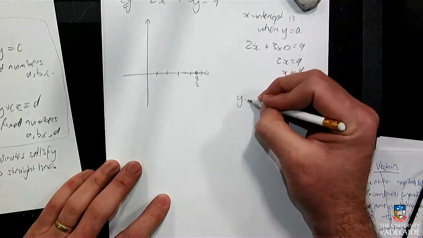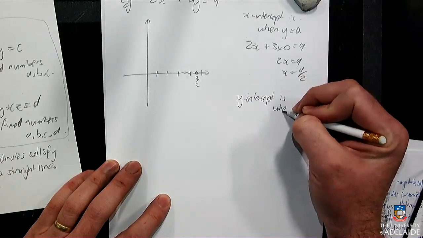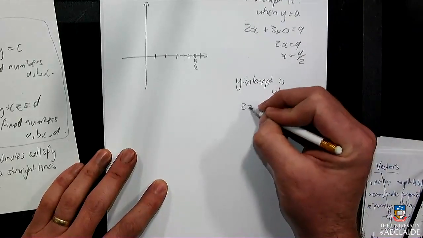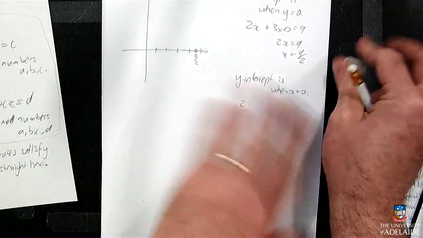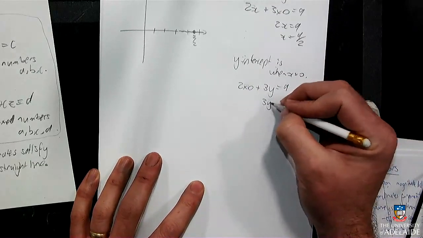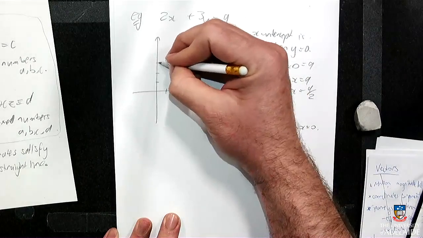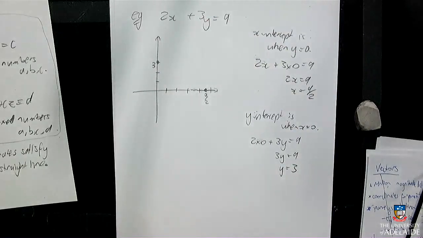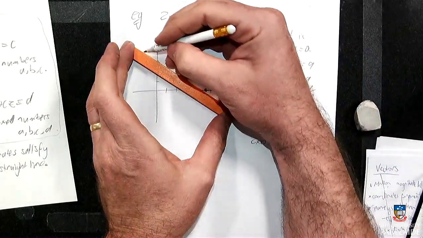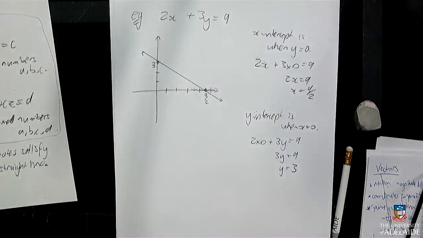And the y-intercept is when x equals 0, which means that 2 times 0 plus 3y is 9, which means that 3y is 9, which means that y is 3 if I divide by 3. And so 1, 2, 3 there. And the line is a straight line, and it must therefore join those 2 points. And technically goes on forever. Ta-da! That's how you would draw one of these lines.